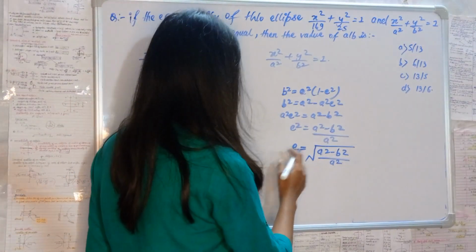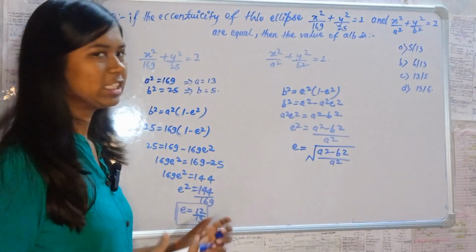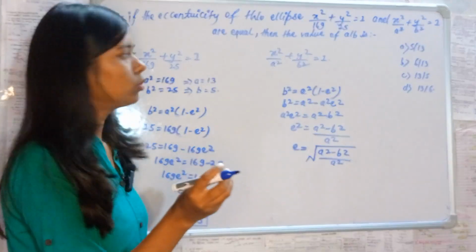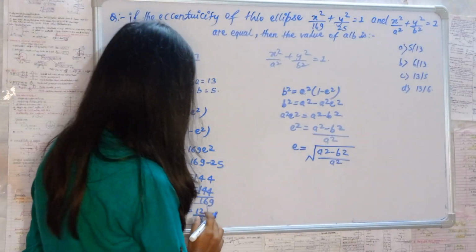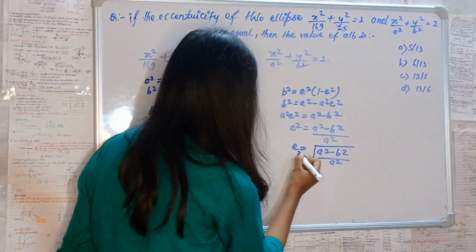So we got this relation. Now what we need to do is equate both of the eccentricities, because the question says the eccentricity of both the ellipses comes out to be the same. Let's take this as e1 and this as e2.